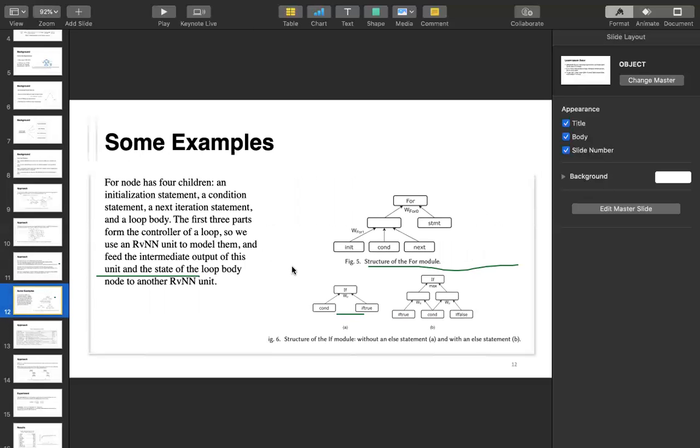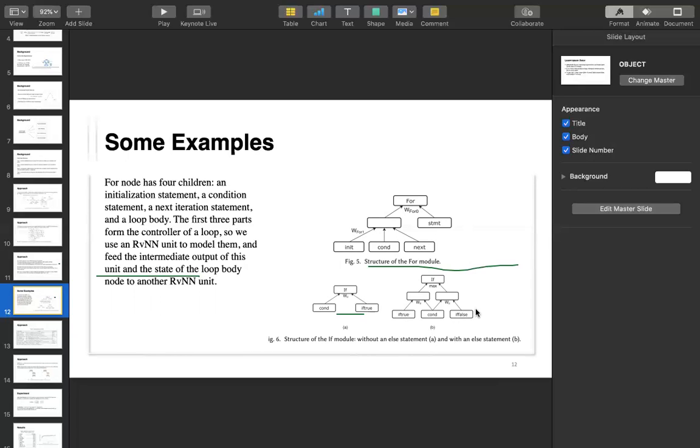Okay, and here are some examples. You can see the graph on the right side, this is a for loop, and it is parsed into an AST tree, and the lower part is an if statement with the else and without the else.